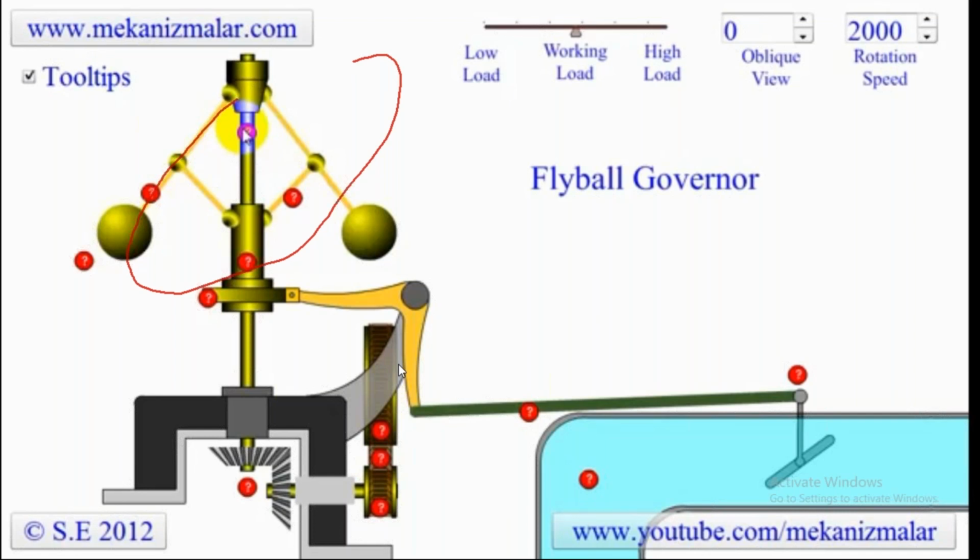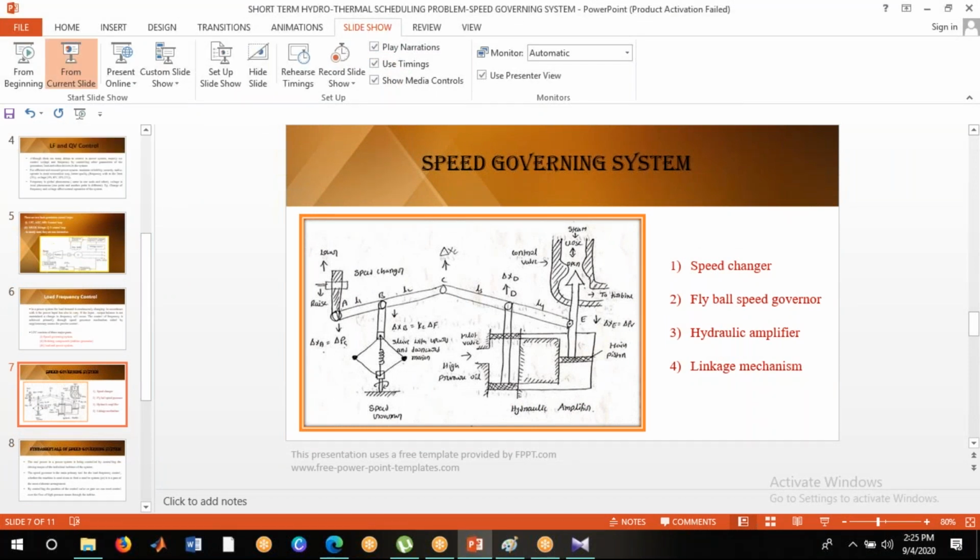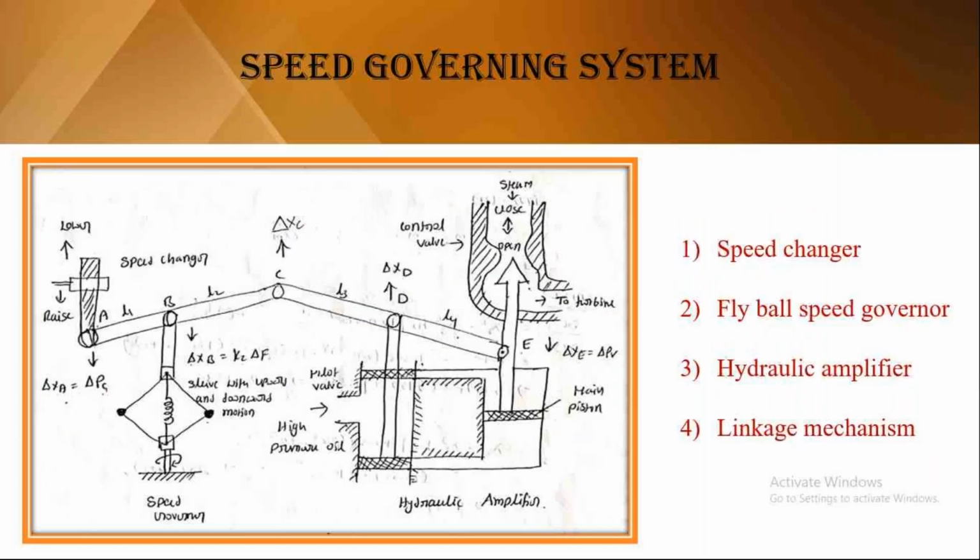So one mechanism is linked to another mechanism, then the total system works by that one movement. The same thing is happening here also. So this is the structure of the speed governing system.